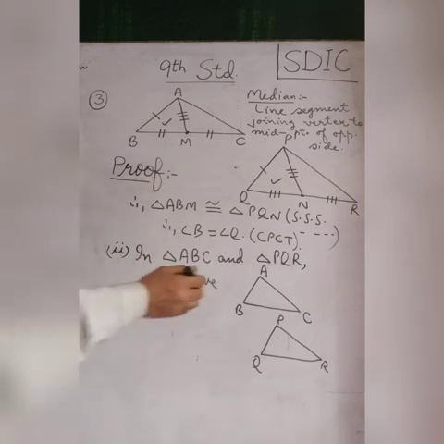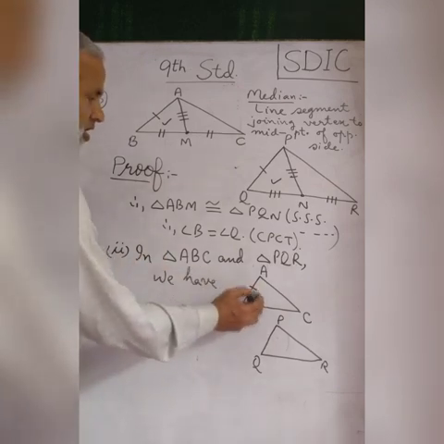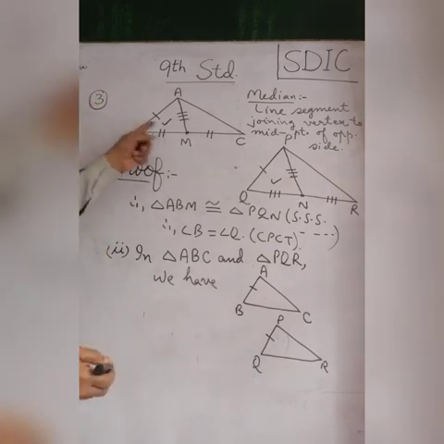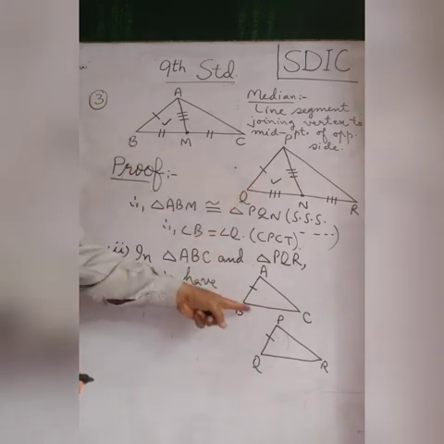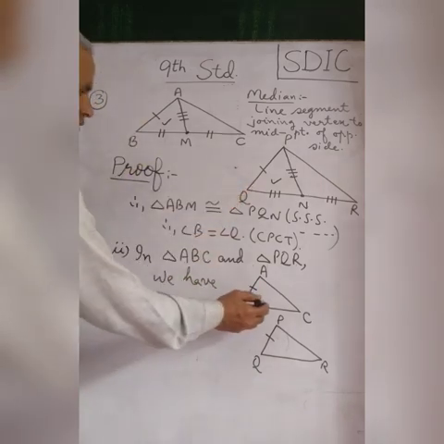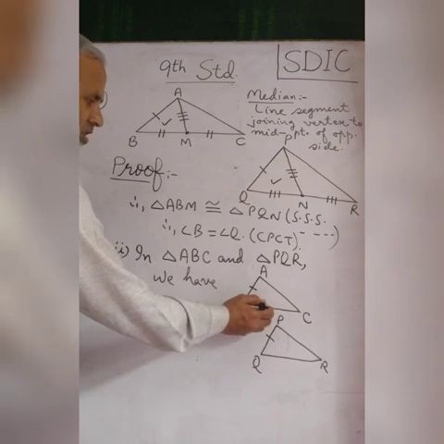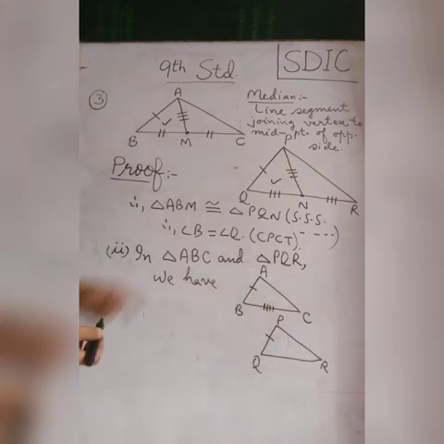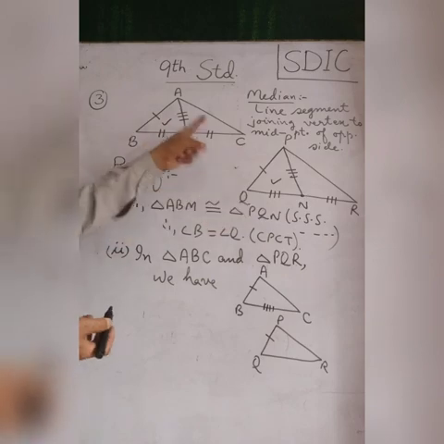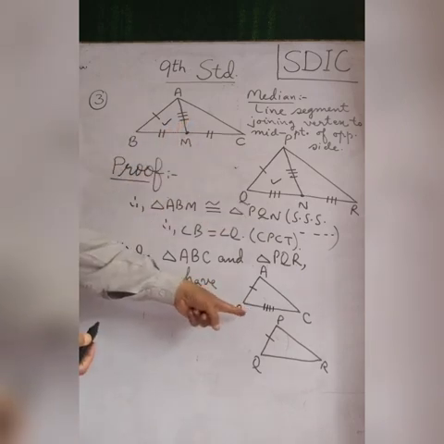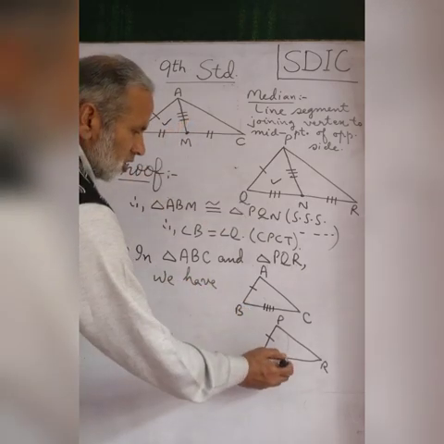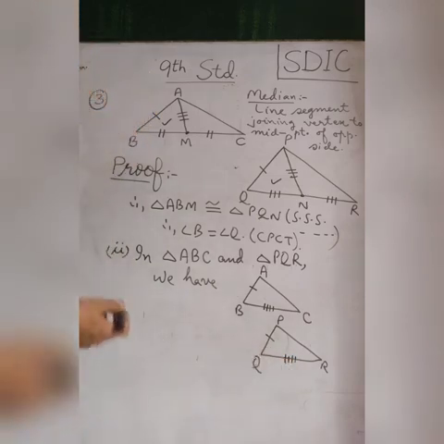We have sufficient reasons. We have AB equal to PQ, that was given to us. So first point. We also have this BC side. 4 short lines I will put, because 2 I have put here, 3 I have put here. So 4 I have put. Equal to QR, this also is given to us. BC equal to QR.